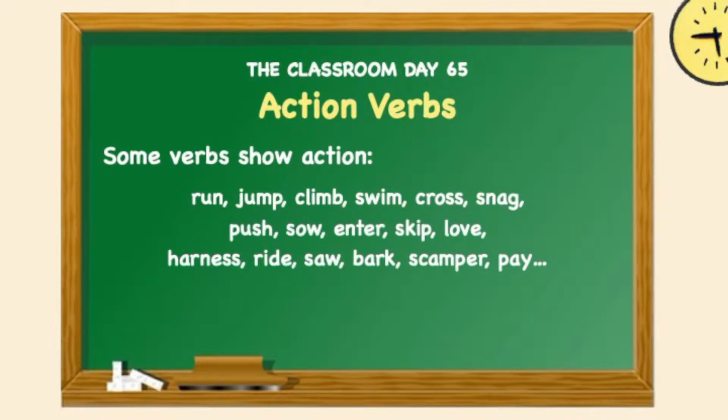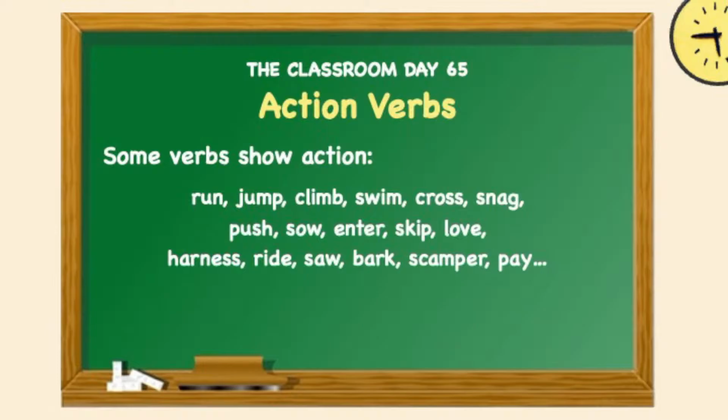All right? So the subject decides what verb we are going to use, but also tense decides what verb we are going to use. Is it the past tense? Is it the present tense? Is it the future tense?